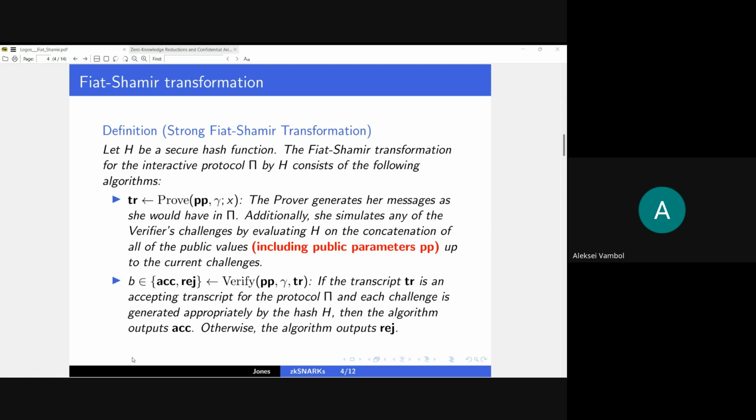Is it important to write not just Fiat-Shamir transformation, but strong Fiat-Shamir transformation, for example, when we describe some proof, to avoid ambiguity? I think you should always describe strong Fiat-Shamir.